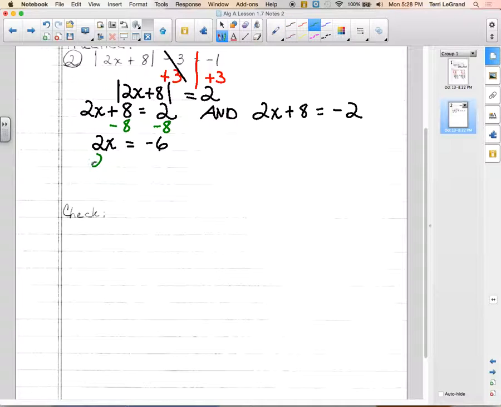Now we have to undo that multiplying by 2, so we'll divide both sides by 2. And we will have our first solution, which is whatever negative 6 divided by 2 is. Negative divided by a positive is a negative. 6 divided by 2 is 3. Here's our first solution.